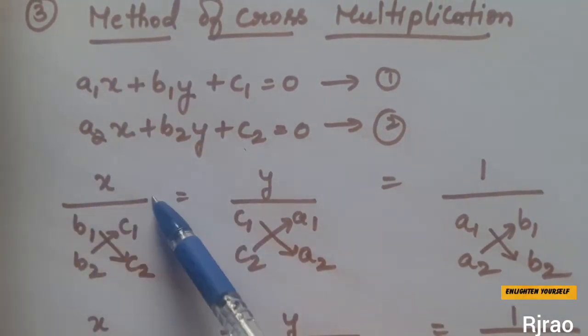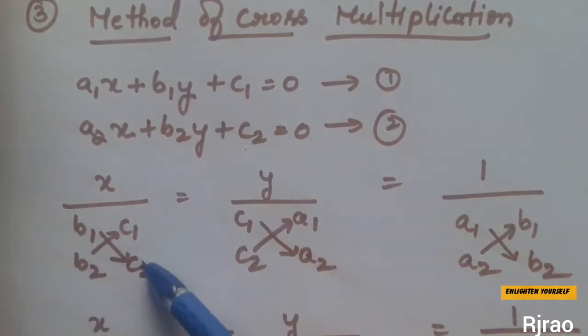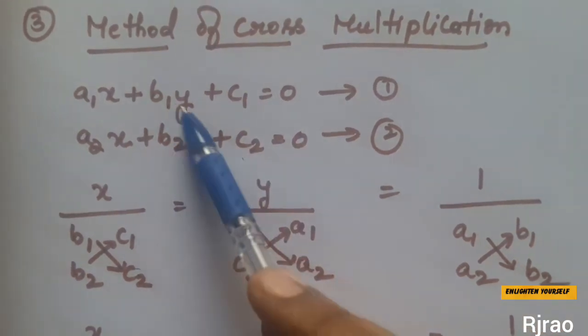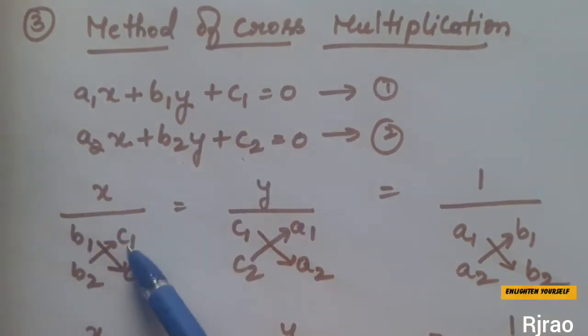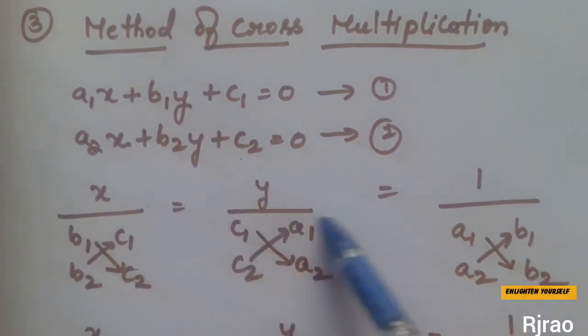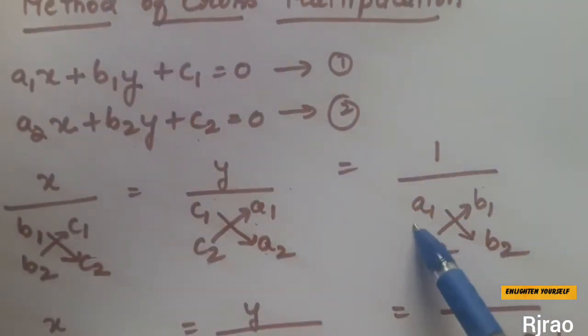So how to take this? X divided by b1 and c2, b1, c2, c1 and b2. We have to cross multiply this. So we have to take like this: b1, c1, b2, c2, is equal to y by c1, a1, c2, a2, is equal to 1 by a1, b1, a2, b2.